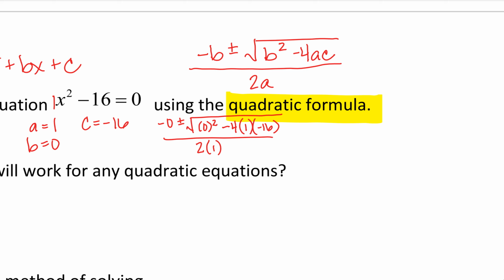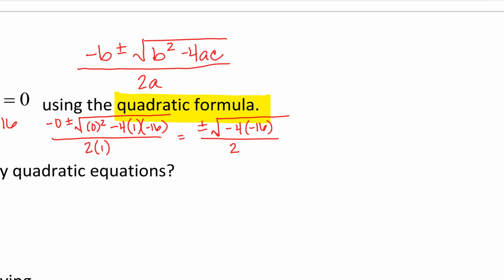Negative 0, well, that doesn't really matter. So I don't really care about him. I get a plus or minus. 0 squared is 0, so I'm not worried about him. Negative 4 times 1 is a negative 4 times a negative 16. All over 2 times 1 is just 2. So I'm going to take it a step further. I have plus or minus the square root.